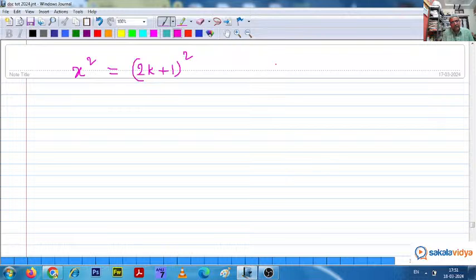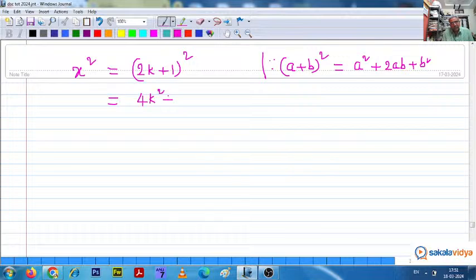If you observe, the right hand side is in the form of a plus b whole square formula. A plus b whole square stands for a square plus 2ab plus b square, am I correct? Using this property, 2k plus 1 whole square can be written as 2k whole square is 4k square, plus 2 into 2k is 4k, again 1 square is 1.